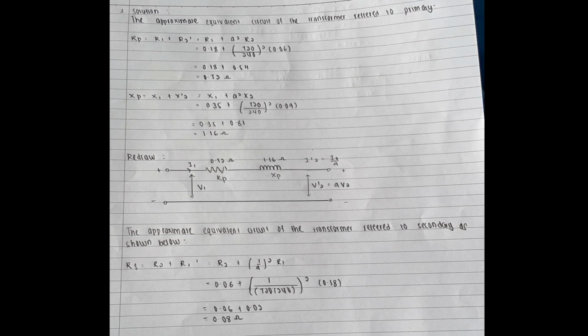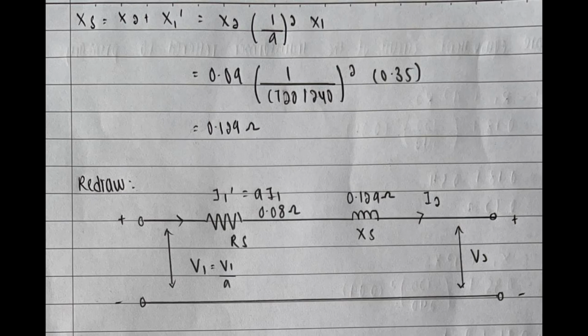So the answer is 0.08 ohm. The final step is Xs equals X2 plus X1 prime. So X2 is 0.09 and X1 is 0.35, and the 1 over a squared is still the same, 1 over (720/240) squared, and we will get 0.129 ohm.